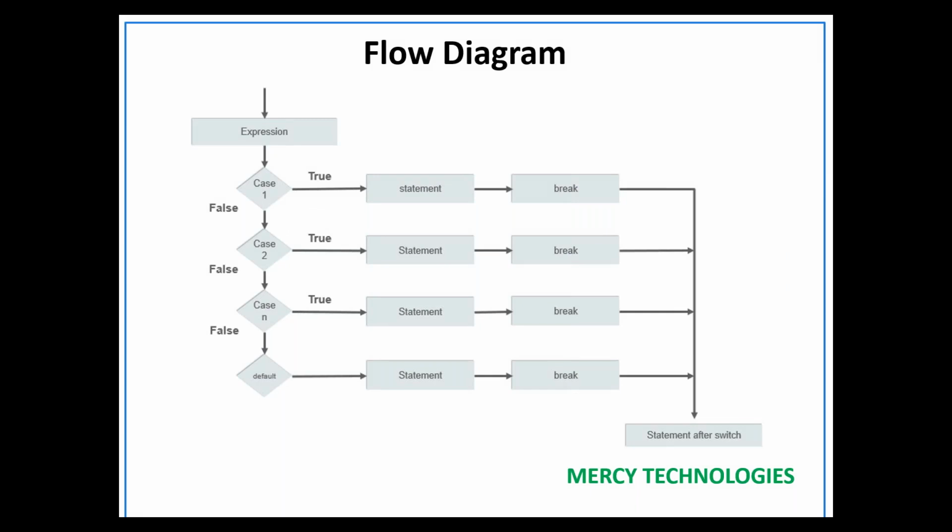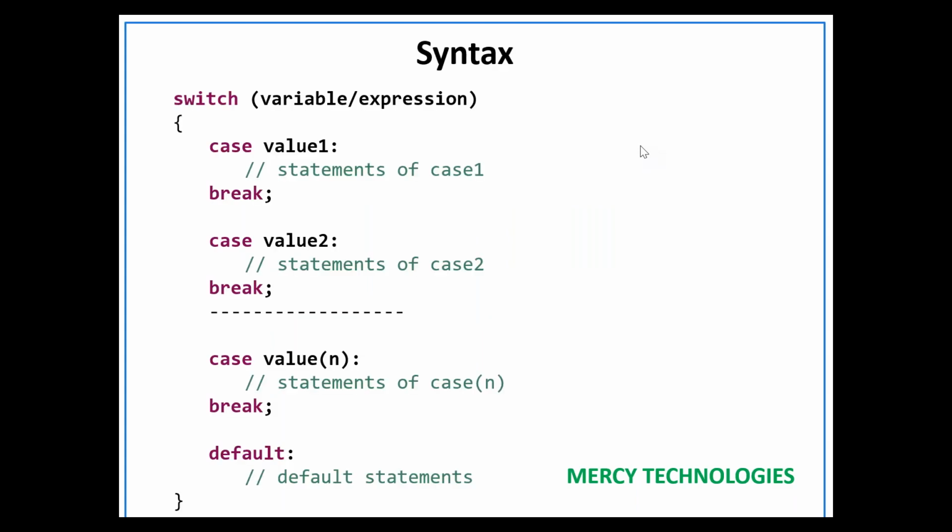Again, if you want, you can go through the syntax. Whatever we have seen in the flow diagram, the same we are seeing here. This is the expression. We will go case by case. If case 1 is true, execute. Because of break, come out. If it is false, go to the next case.